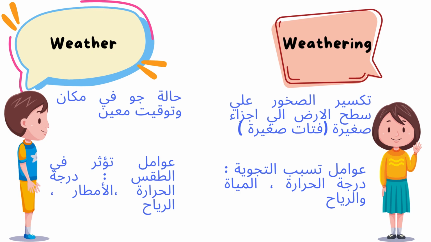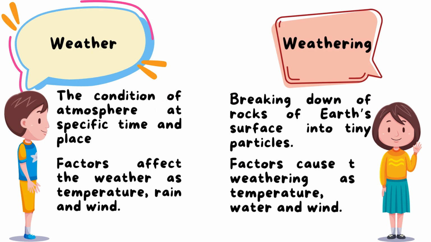Okay. Here we will talk about weathering. Weathering is the breaking down of rocks of Earth's surface into tiny particles, into sediments, okay? Factors that cause weathering are what? Temperature, water, and wind.